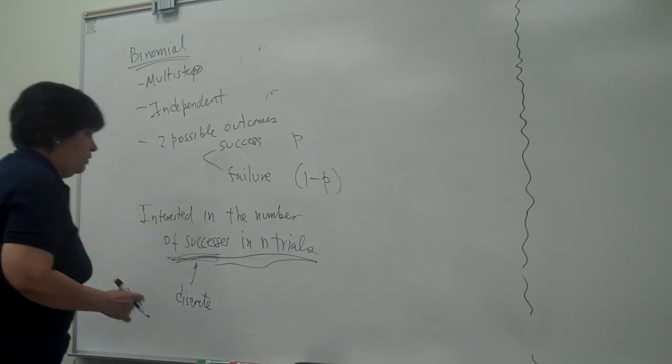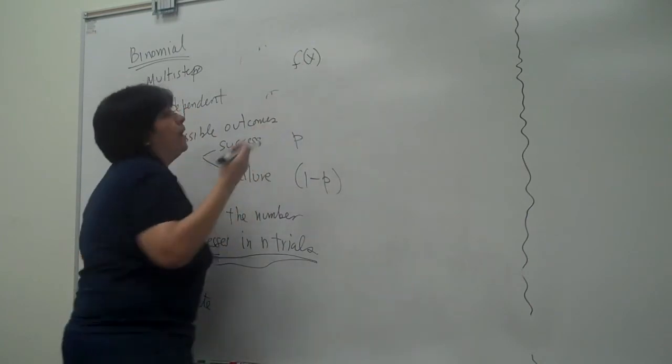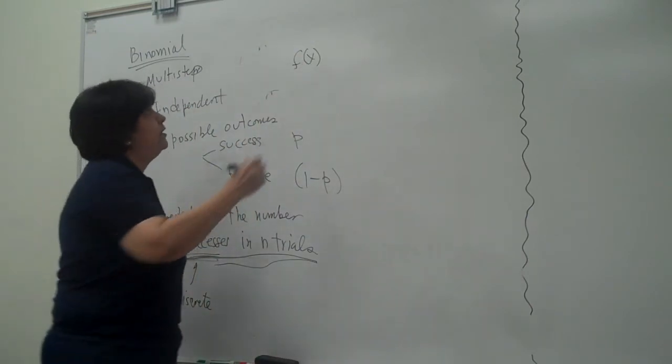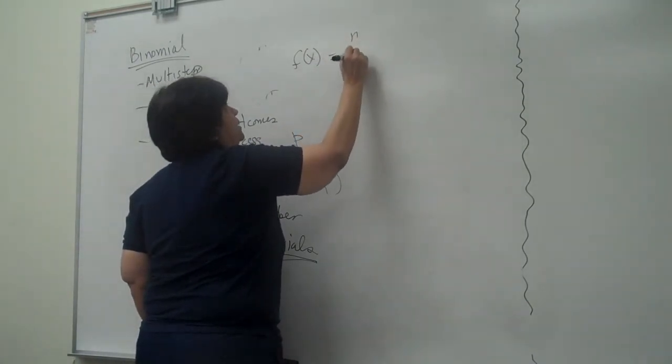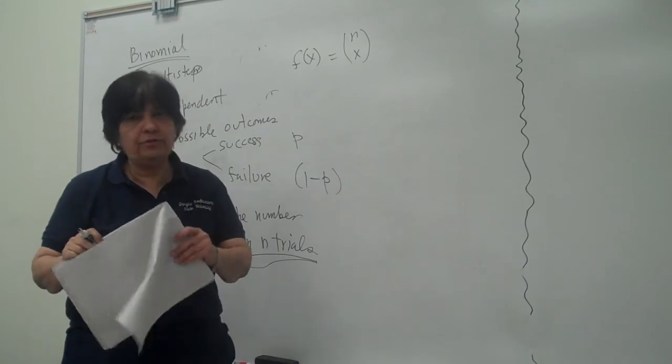Now, f of x is the value of the function. This is the probabilities. It is nCx. Remember, nCx is the combination that we used to say.